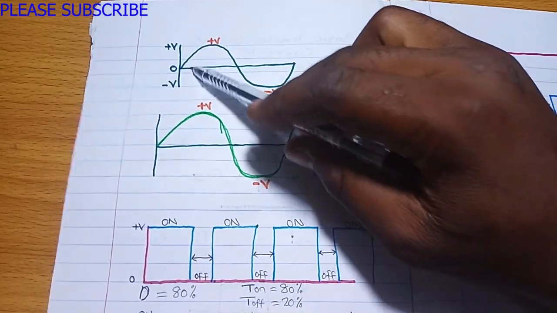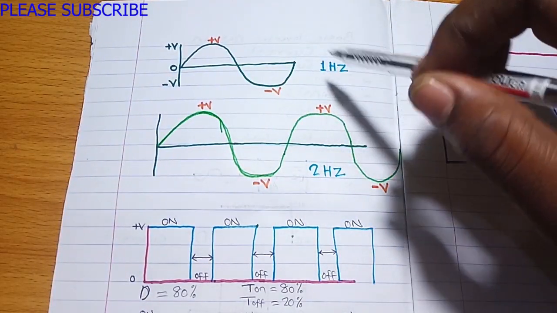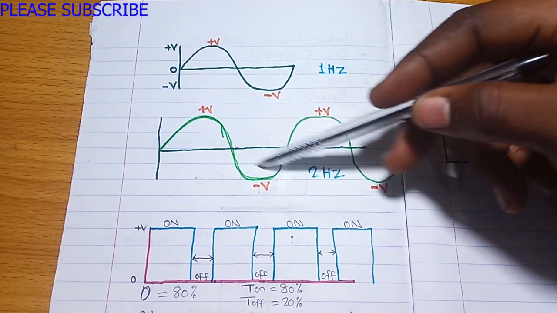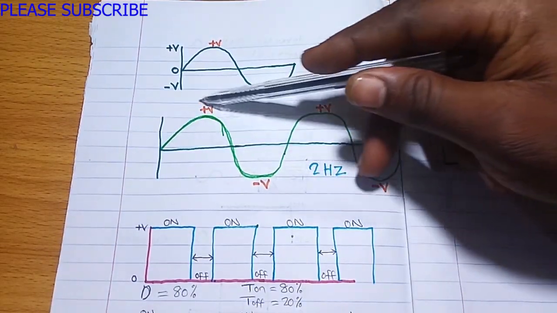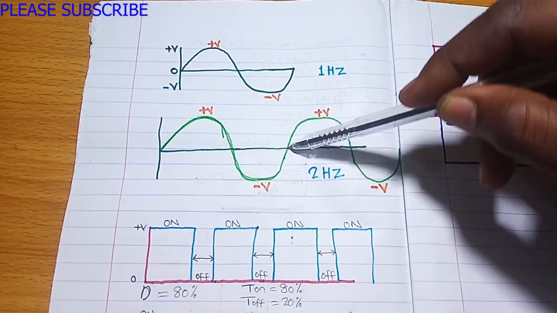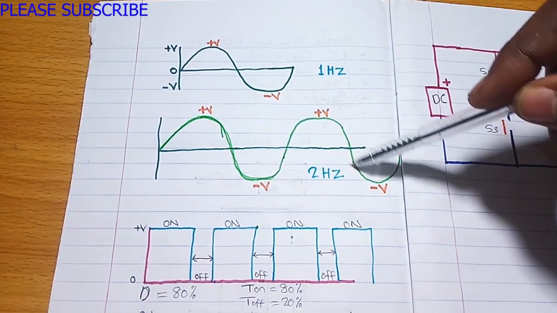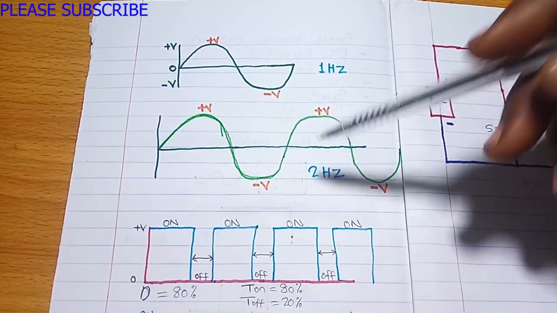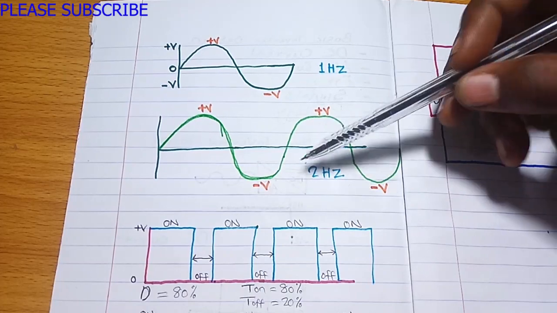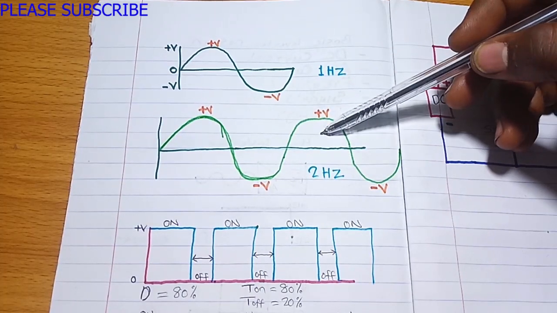If you have so many of these signals, like up to 20, you know it is 20 Hz. Just like the one I drew here, this is the first cycle, 1 Hz, another cycle, 2 Hz. So this signal is 2 Hz, which is the frequency.